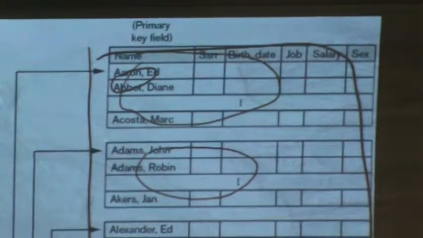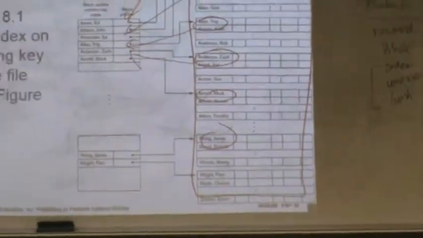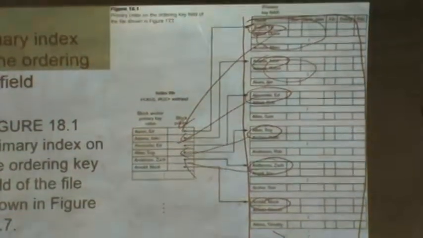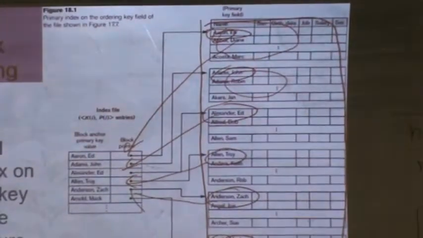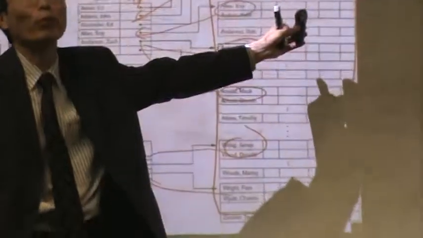Then take out such anchor records, this one, this one, this one, and bring them into this block. Then sort them. Then this is called the primary index on the employee table.